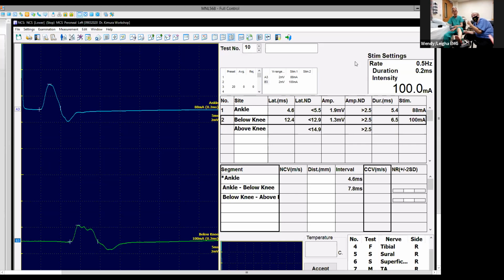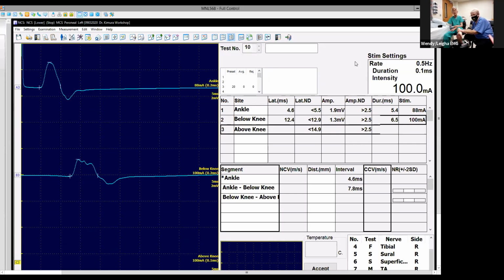Okay. That doesn't look very good. Okay. So this is the regular way of doing the fibular nerve. Now I will show you inching. But you like the shape of that? Yeah. Okay. Same shape, right? It's real choppy. It's dispersed.